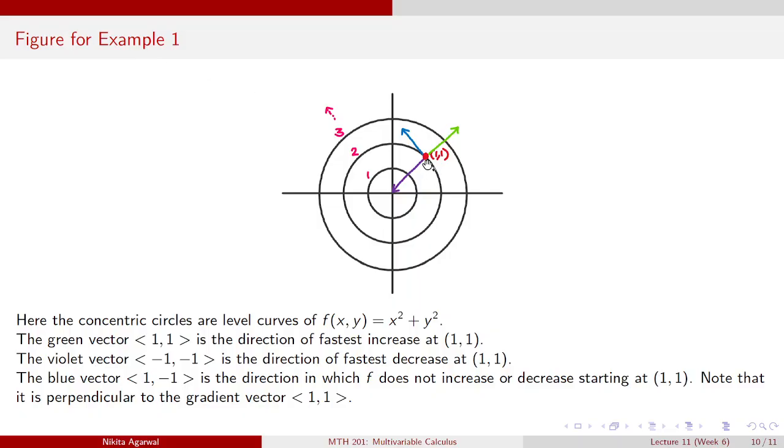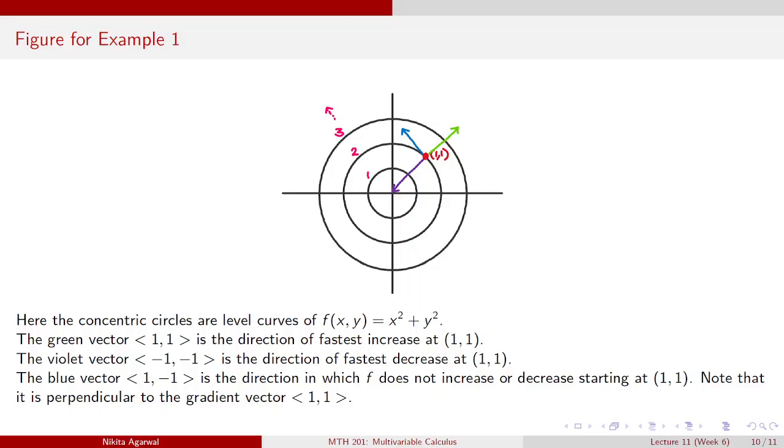So if I take the point 1 comma 1, there are three directions. One is the 1 comma 1 direction, the other is the negative 1 comma negative 1 direction, and the third is the 1 comma minus 1 direction, which was the vector given to you. The green vector, which is 1 comma 1, is the direction of fastest increase, because in this direction f keeps on increasing.